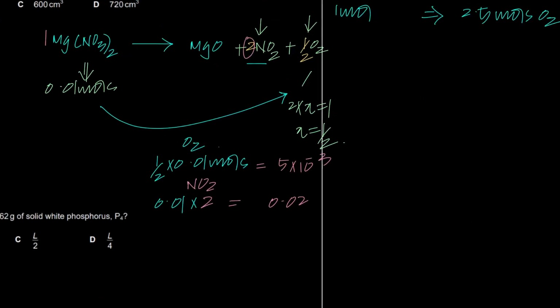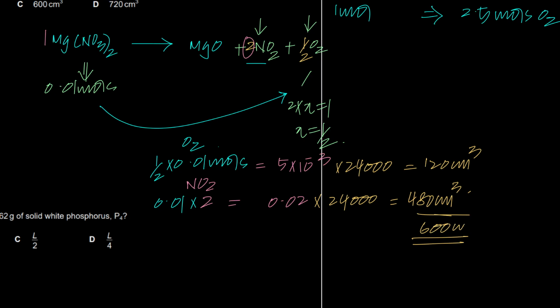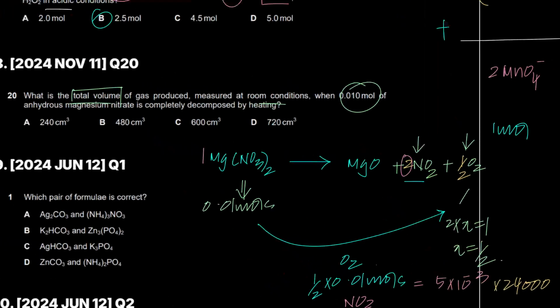Mole times 24,000 gives the volume. 0.02 into 24,000 gives me 480. And 5 into 10 raised to the power minus 3 multiplied by 24,000 gives me 120. So the total volume of gas produced is 480 plus 120, 600. And so that's C.